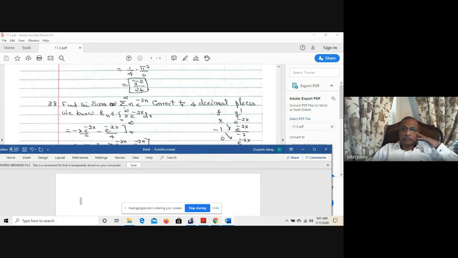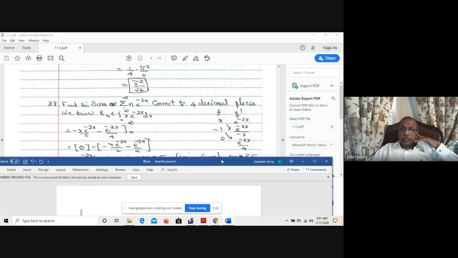Integration by parts. First function x, its derivative is 1, and its derivative is 0. Second function e to the negative 2x, and the antiderivative is e to the negative 2x over negative 2. Its next antiderivative is e to the negative 2x over 4. And change the middle sign.